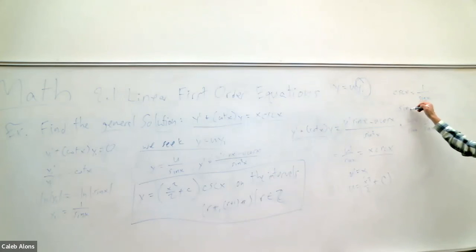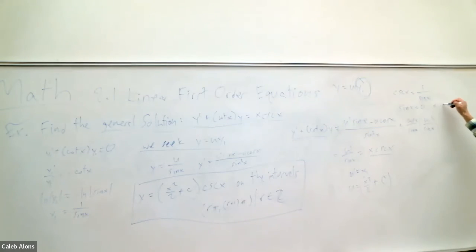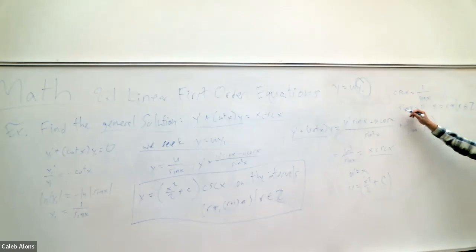When sine x equals 0, this occurs when x is equal to r pi, where r is an integer. So plug in 1 pi into sine. What do you get? Sine of pi is either 1 or 0. That means 0.